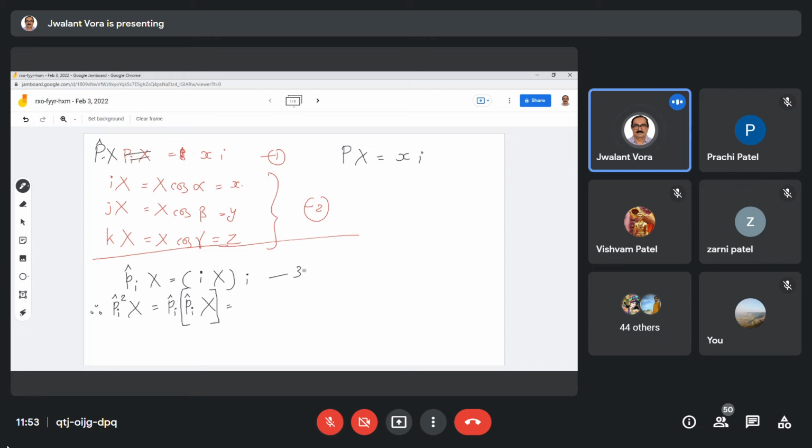Let this be equation number 3. This is equal to pi into, for this value of pix, i into x into i.